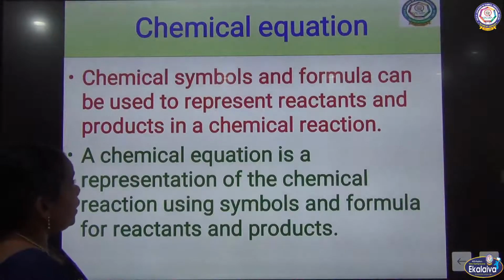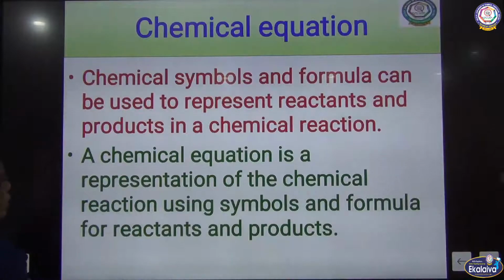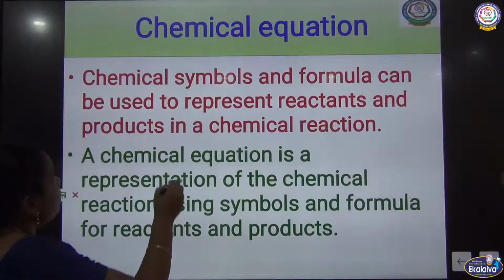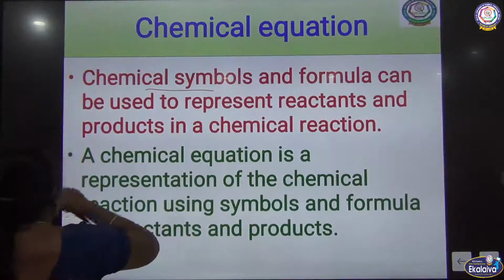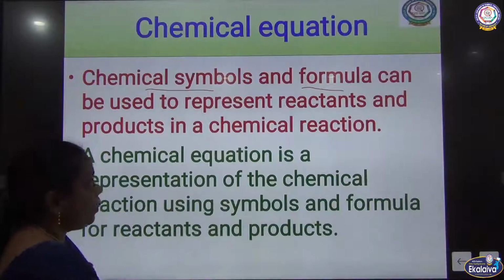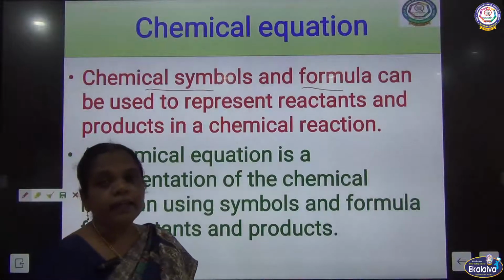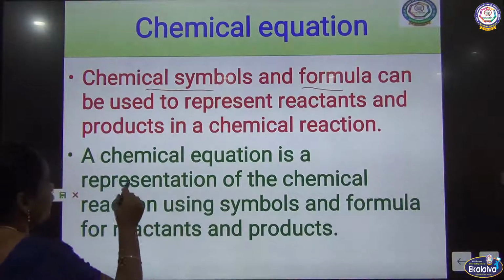The chemical equation is nothing but a representation using the chemical symbols and formulas, which can be used to represent the reactant and the product of the reaction. So what is a chemical equation?